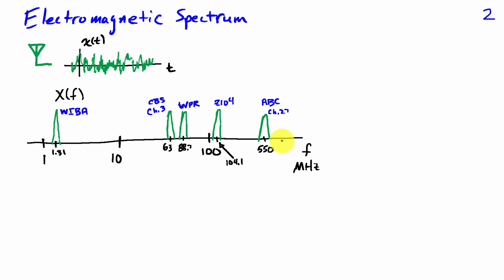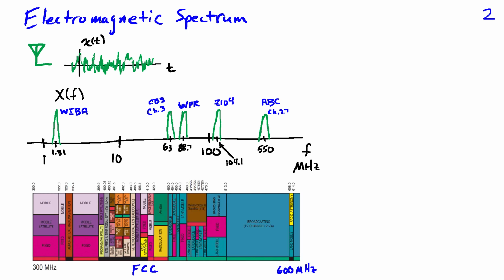Different parts of the spectrum are assigned to different purposes. It could be television, it could be radio, it could be mobile communication. In fact, in the United States, the Federal Communications Commission is responsible for allocating frequencies to different uses. And I've just pulled out a graphic showing their assignments in the 300 to 600 megahertz frequency range.